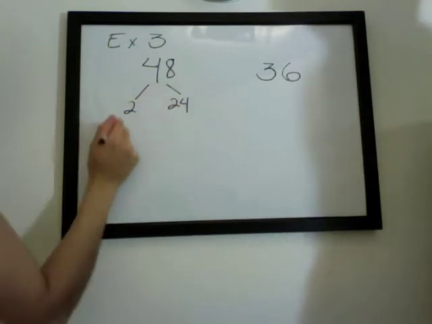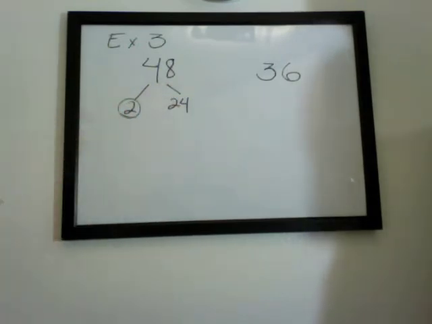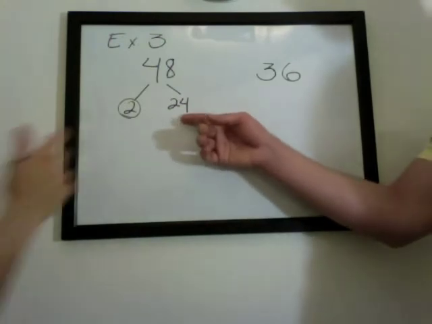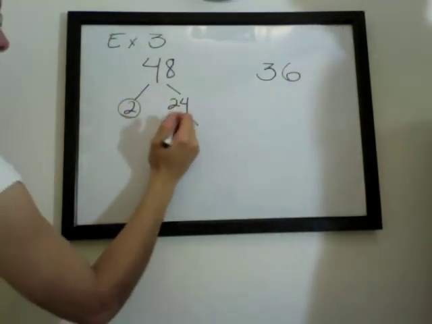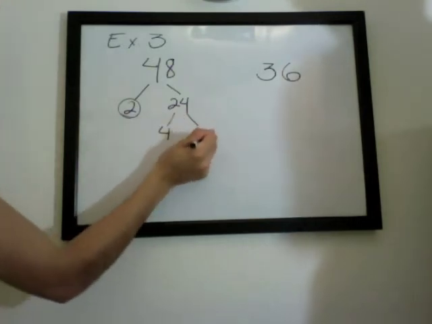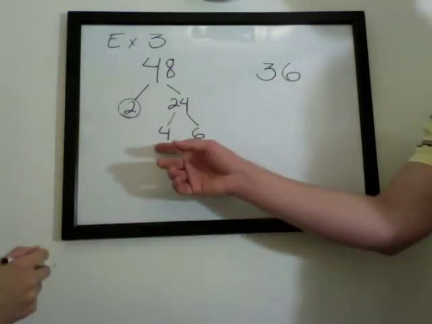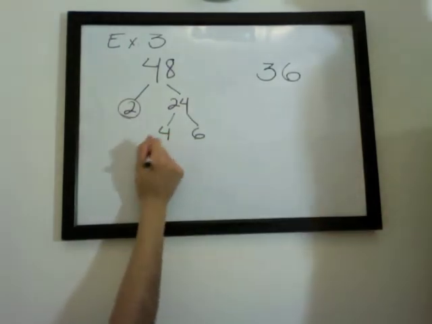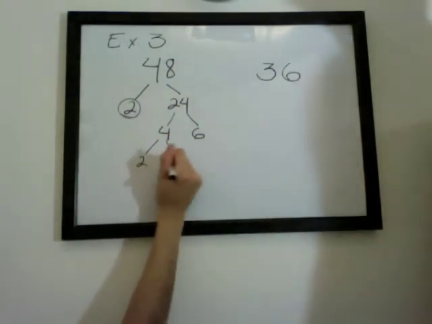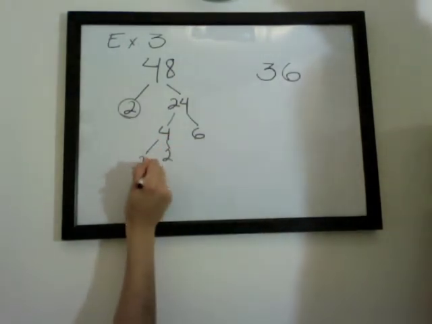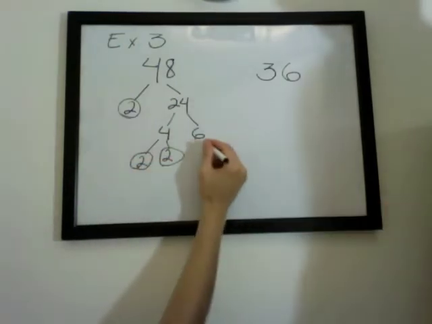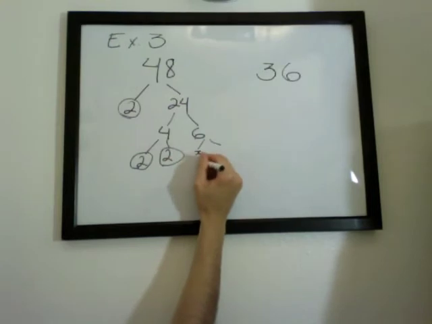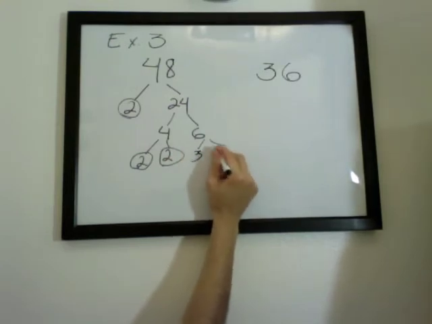And 2 is a prime. Now we're going to need to break up 24. What two numbers can break it up? I'd say 4 and 6. Now neither of those are primes, so we need to break up 4 and 6. So let's do 4. 4, that's 2 and 2. And those are both primes. And 6, we know we can break that up to 3 and 2. And those are both primes.